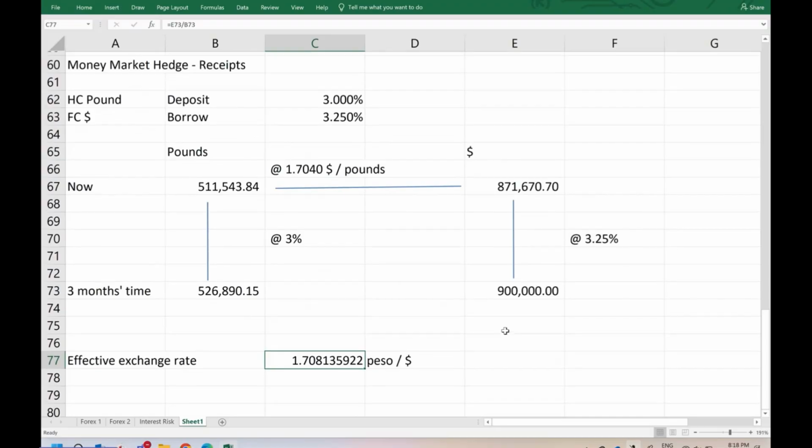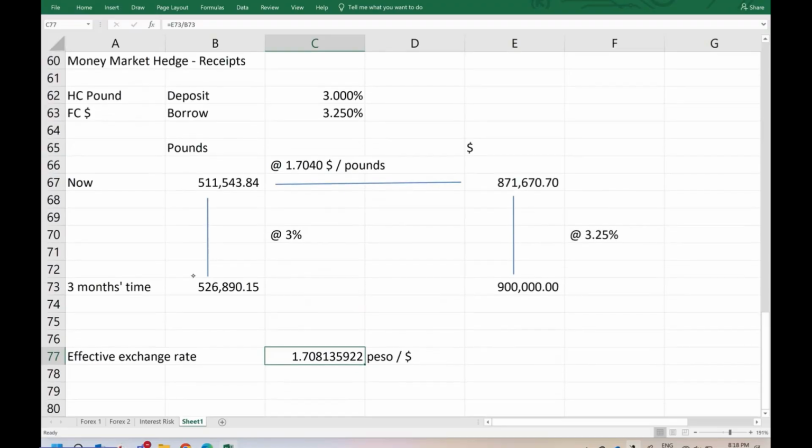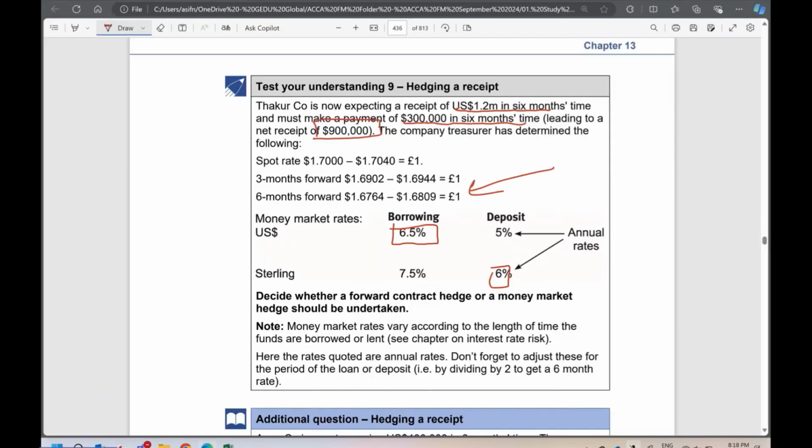So what is the 3-month receipt using the money market hedge? This. Can you find the 3-month receipt using the forward rate agreement? What amount will you get? Simple. Use 6 months, not 3 months, right? What is the 6-month forward rate?